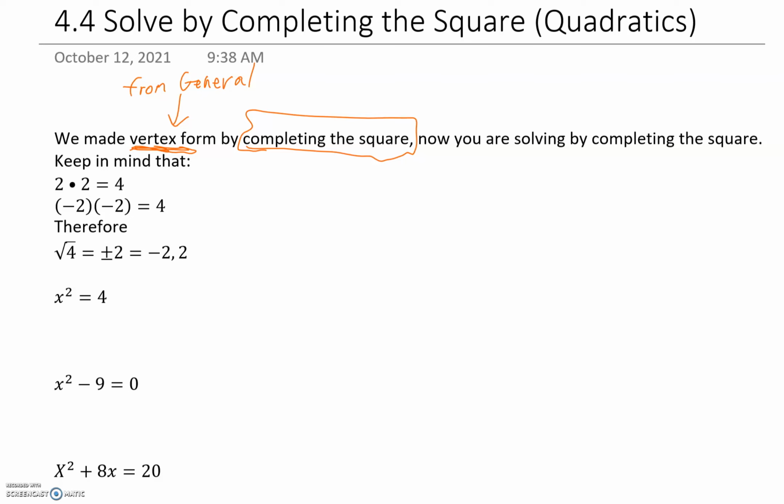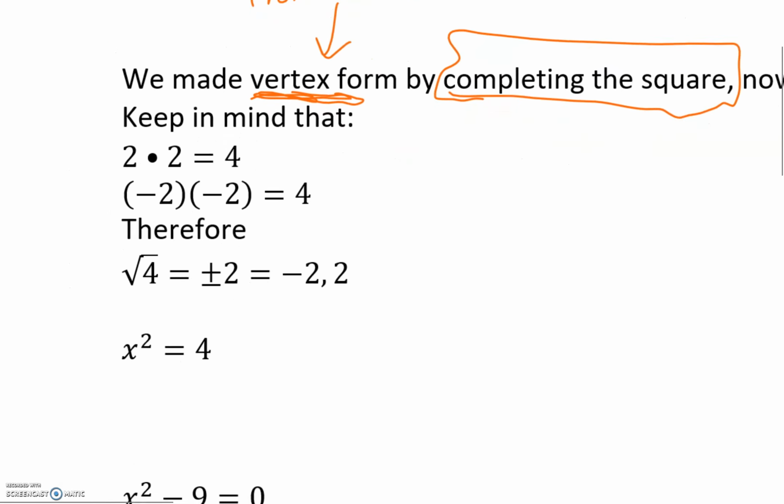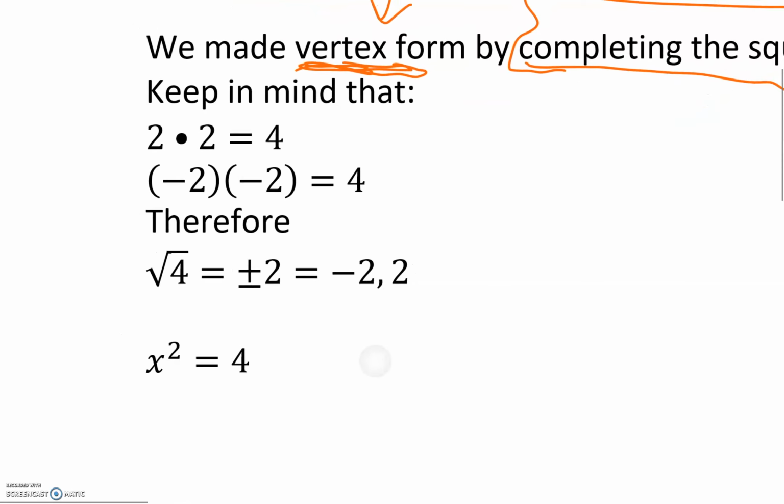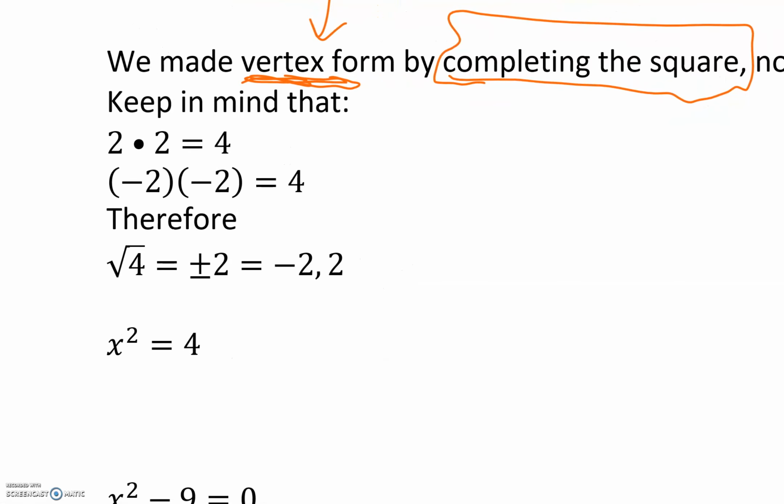Before we do that, let's keep in mind some interesting and important information. Here we have 2 times 2 equals 4. I hope everybody is good with that. The other thing that's important is negative 2 times negative 2 equals 4. Another way to write both of these is 2 squared equals 4, or negative 2 squared equals 4.